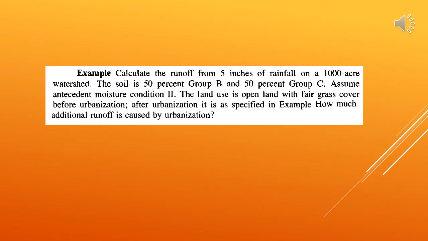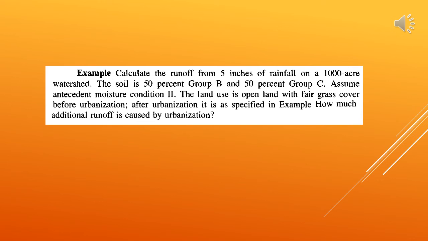Let's solve an example so we can compare the urbanization effect with non-urbanization, like a rural area. Calculate the runoff from 5 inches of rainfall on a 1,000 acre watershed. Same condition: the soil is 50% group B and 50% group C, again the same soil group. Assume the antecedent moisture condition is the same as the first example, right?